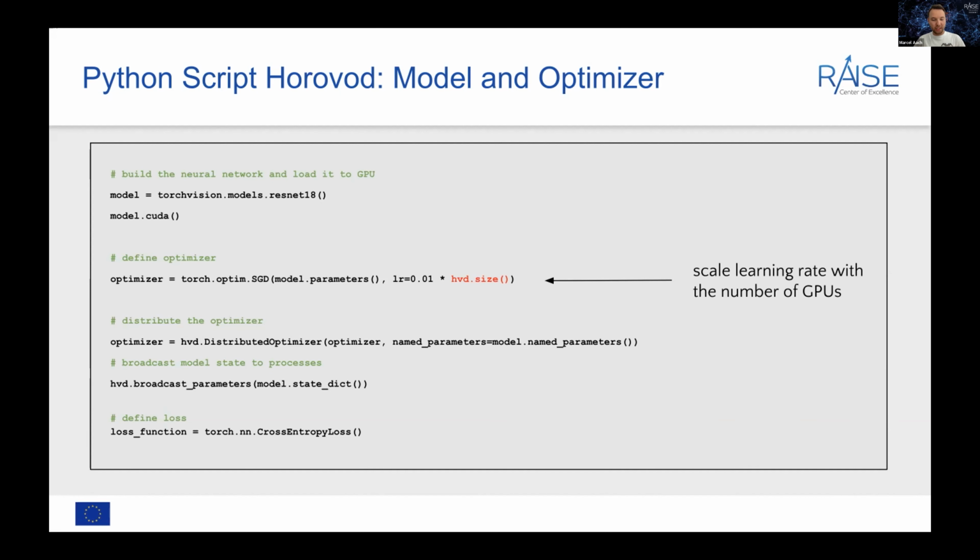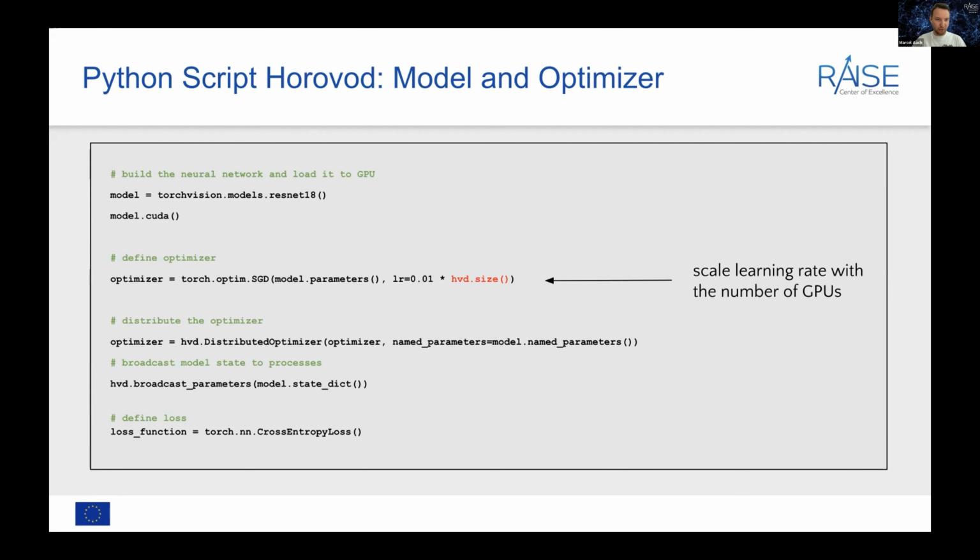So in order to still get good results at the end, or comparable results to when just training on one GPU in terms of accuracy, we need to make larger optimization steps. Scaling the learning rate just with the number of workers is a very good way to achieve a baseline performance. Of course, there are lots of other things you can do to tune that value as well.